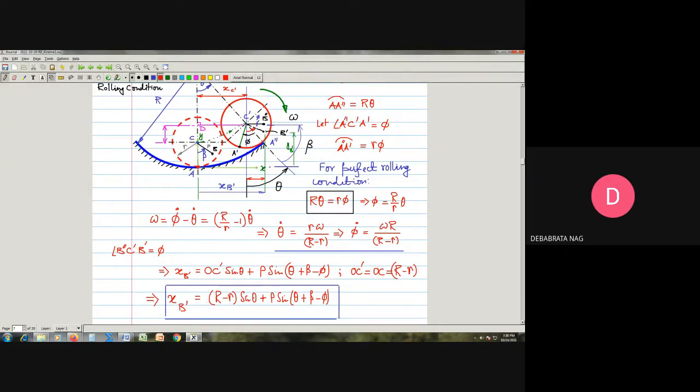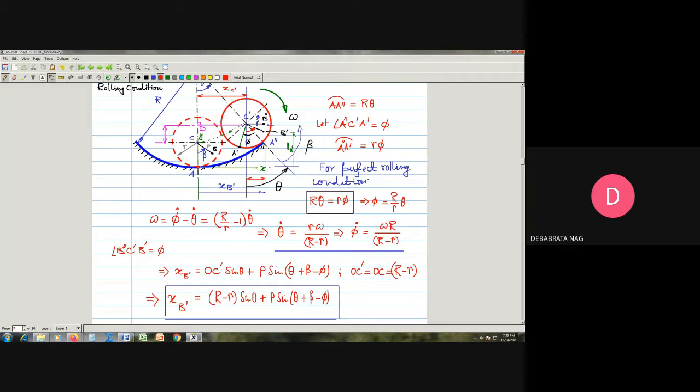And we need to calculate the height of the point B dash from this line. So how much is this drop? This is going to be rho, and this red angle is equal to theta plus beta minus phi.